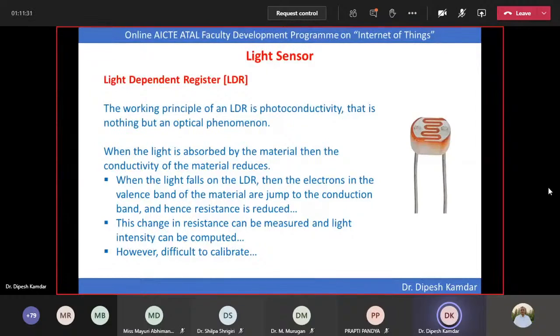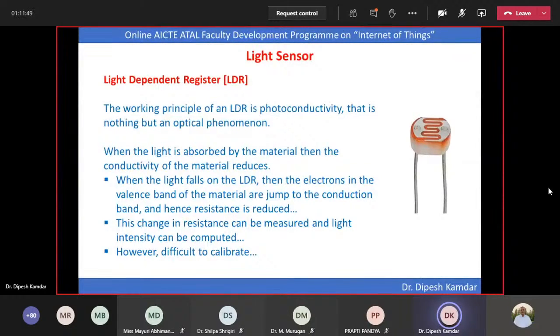Again, its surface has a smaller cross-section area, so it gets affected by environmental issues like dust, or if it comes in shadow, the light intensity suddenly falls down.